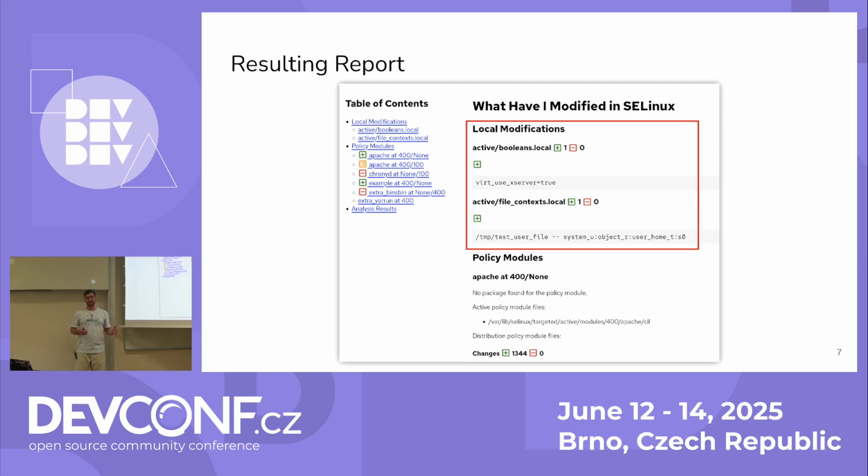Yes, so the question is about future plans. There are also plans. First, we need to get it into Fedora, and then RHEL and CentOS, and then there are plans to include it in sos report. So it can be helpful, for example, for debugging problems where customers have issues with the policy, where they don't remember the modifications, or they think they don't have any modifications, but they actually do.